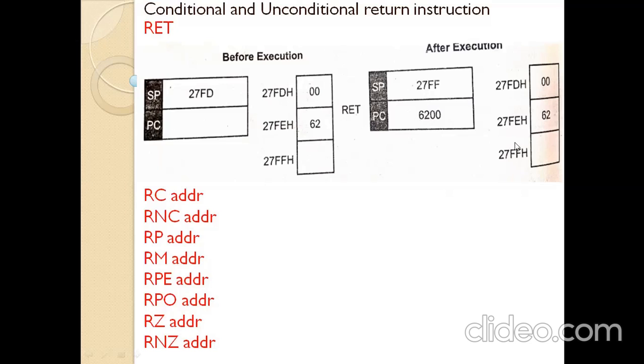It will increment this address, so the address will be 27FF, which will be pointed to by the stack pointer. Initially, the stack pointer value is 27FD. After the return instruction, the stack pointer value is 27FF, and this 6200 will be pointed to by the program counter.